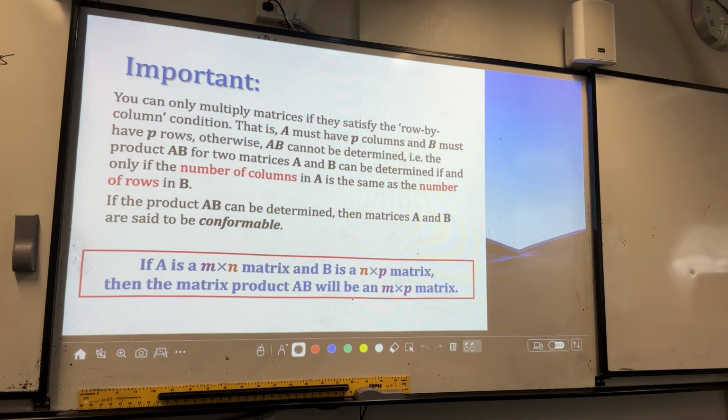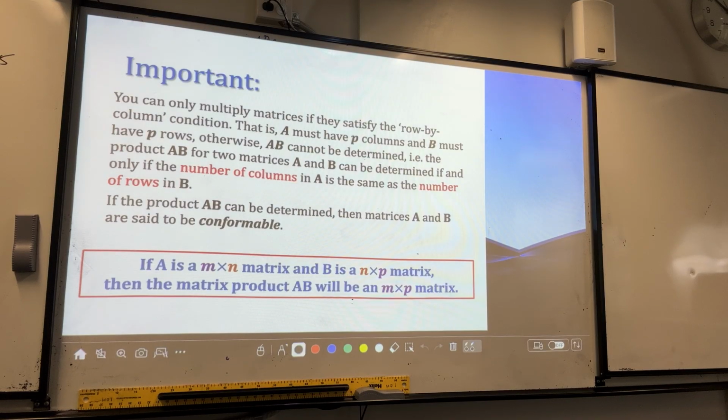I should have used p, but it doesn't matter. The number of columns of A and the number of rows of B will cancel off, and you will end up with the number of rows of A and the number of columns of B.